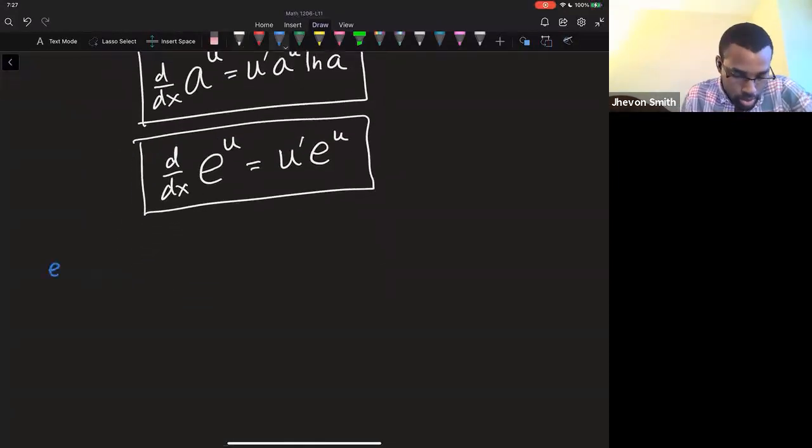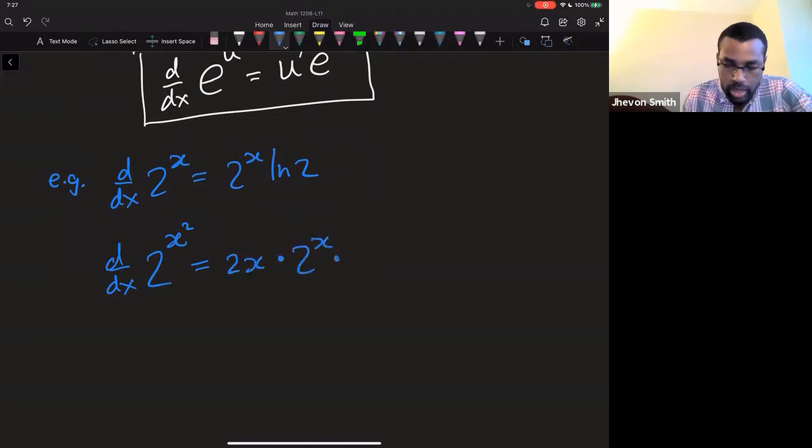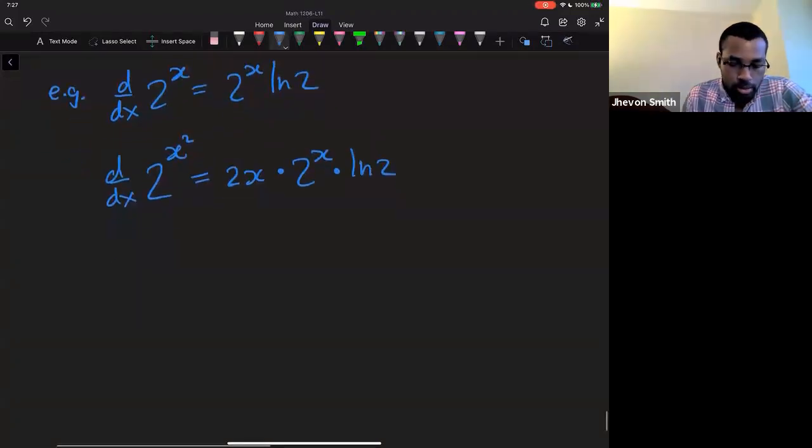So let's do a few examples. If I wanted to differentiate 2 to the x, well, that's 2 to the x ln 2. If I wanted to differentiate 2 to the x squared, well, that's 2x, which is the derivative of x squared, times 2 to the x squared times ln 2. If I wanted to differentiate e to the x, well, that's e to the x.